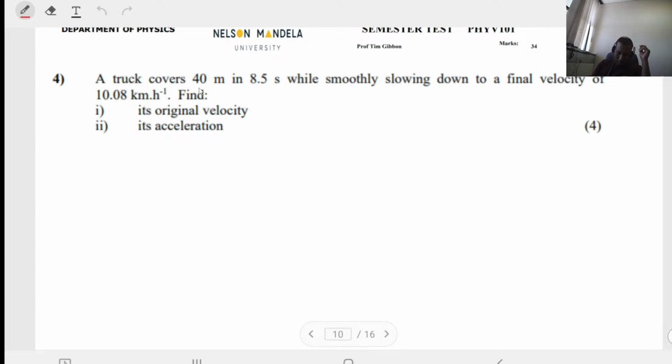I'm going to go like this. S, or is it along the x-axis? Let me say S. Distance is given, which is 40 meters. Time is given, which is 8.5 seconds. V final was given to me, which is 10.08 kilometers per hour, but I must convert it to meters per second.